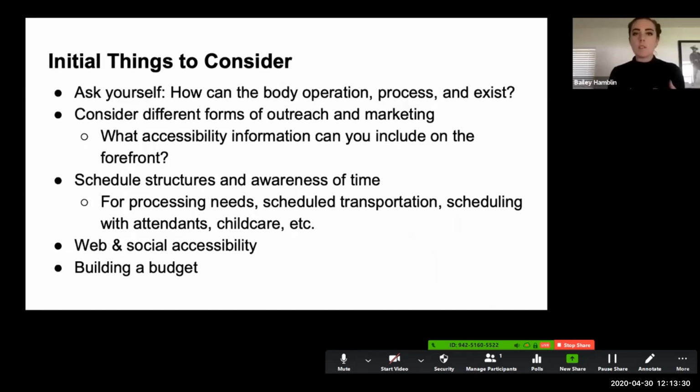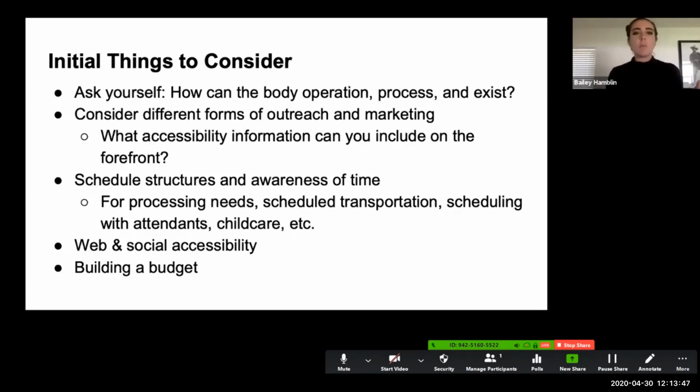So there's a lot more planning that goes into disabled folks participating in things than perhaps non-disabled folks. The more outreach and marketing you can do up front to get that information out ahead of time, so folks with disabilities have adequate time to plan their own lives, the more helpful it is.